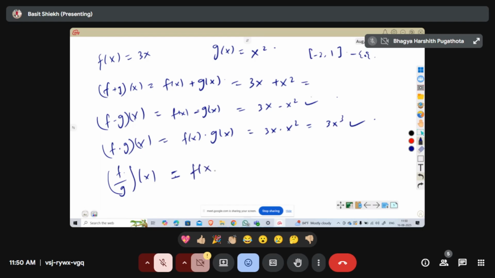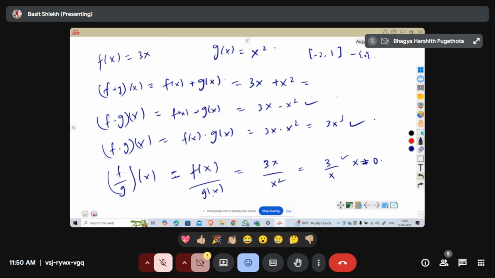f of x by g of x is 3x divided by x square, which is 3 by x, and x not equal to 0.